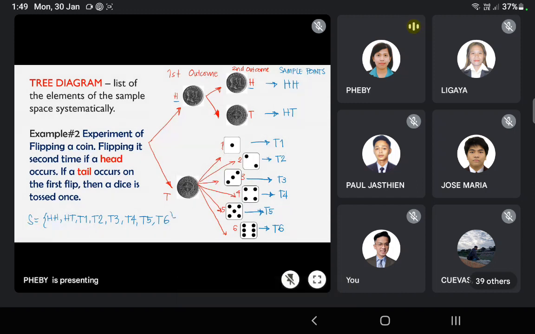So, kung bibilangin nyo, ilan yung kanyang sample points or possible outcomes? 1, 2, 3, 4, 5, 6, 7, 8. So, ayan yung possible outcomes based dyan sa ating experiment.